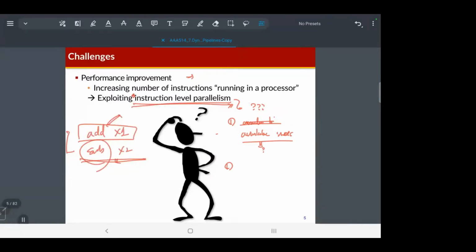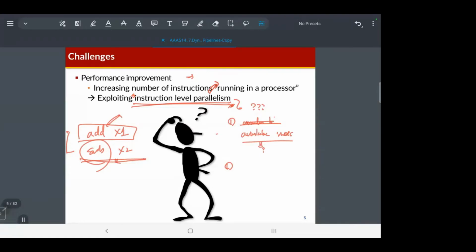So we need to exploit instruction level parallelism. What is instruction level parallelism? If we can exploit it, then we can increase the number of instructions which are being executed in the processor.